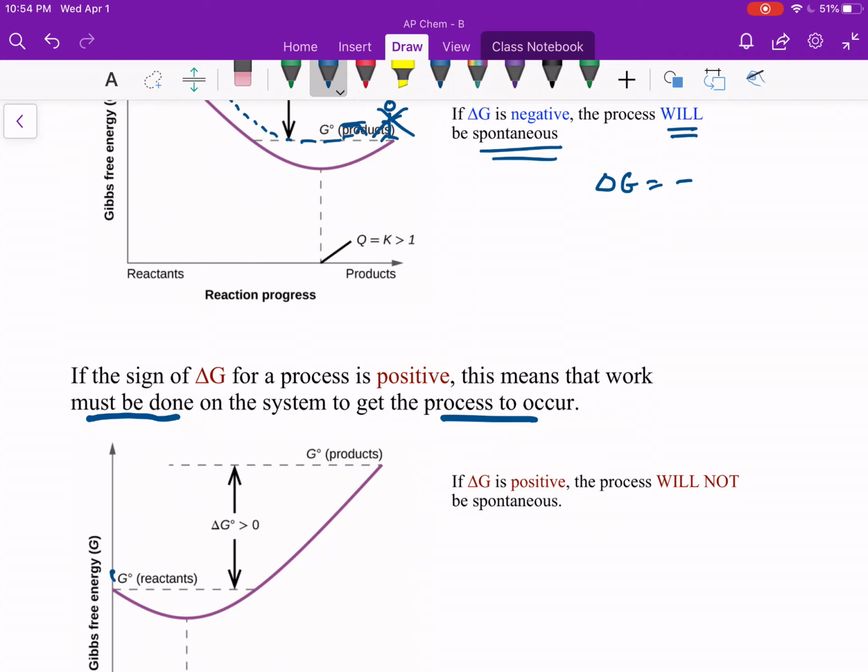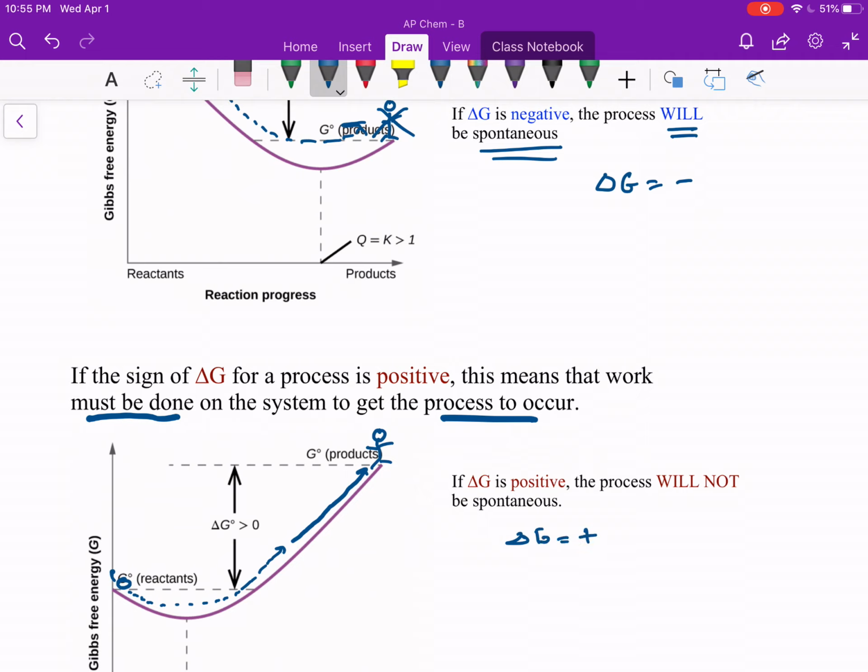Going back to our analogy, this rock is not going to be able to get up that hill to hit that person. If we wanted to hit that person, we would have to actually push it up the hill. We have to do work to get it up that hill because delta G is positive.